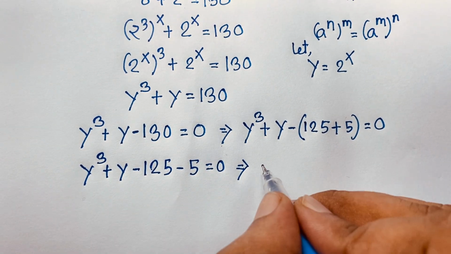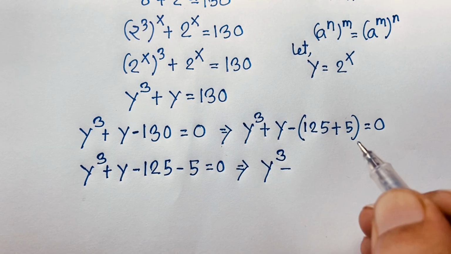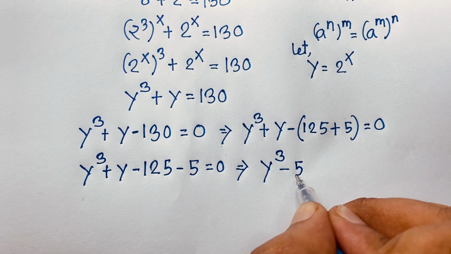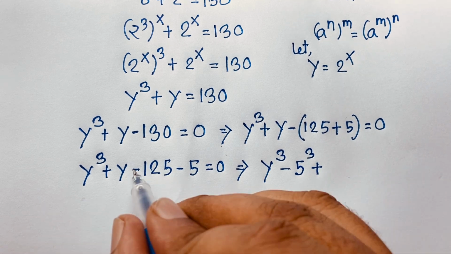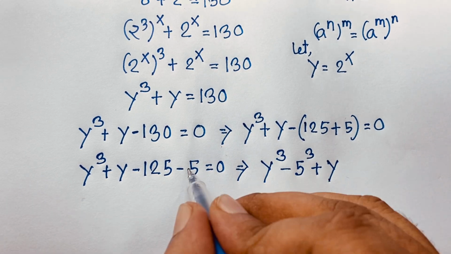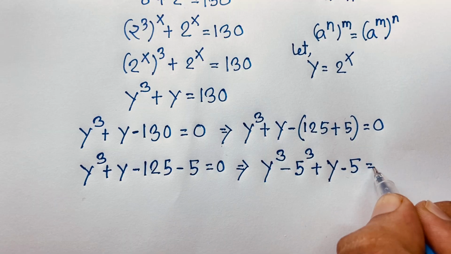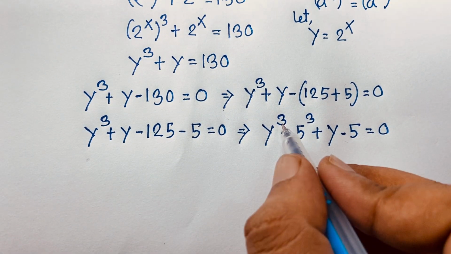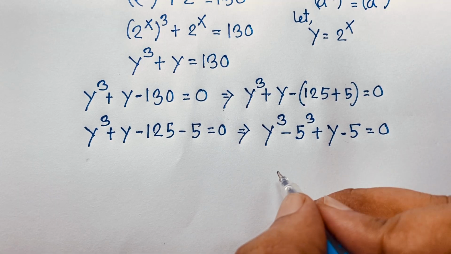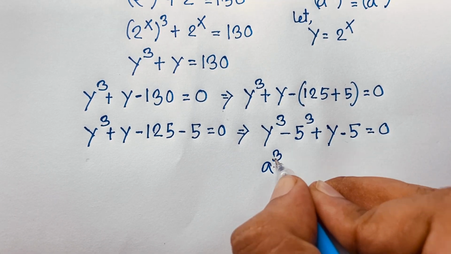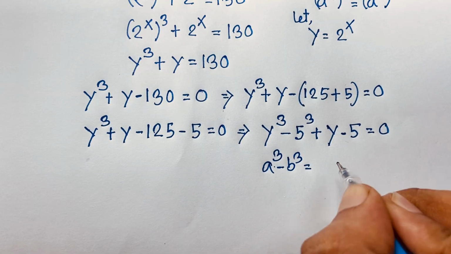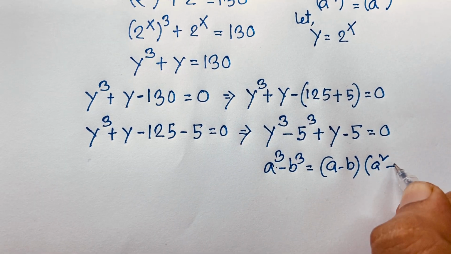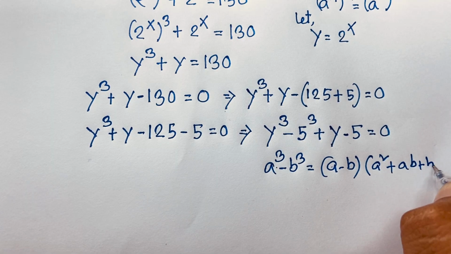Then this expression will be y to the power 3 minus 125, you can see it will be 5 to the power 3, plus, and then here y and this negative 5 is equal to 0. Now you can see it will be a cube minus b cube. So a cube minus b cube is equal to what? So you know that a cube minus b cube will be a minus b times a square plus ab plus b square.